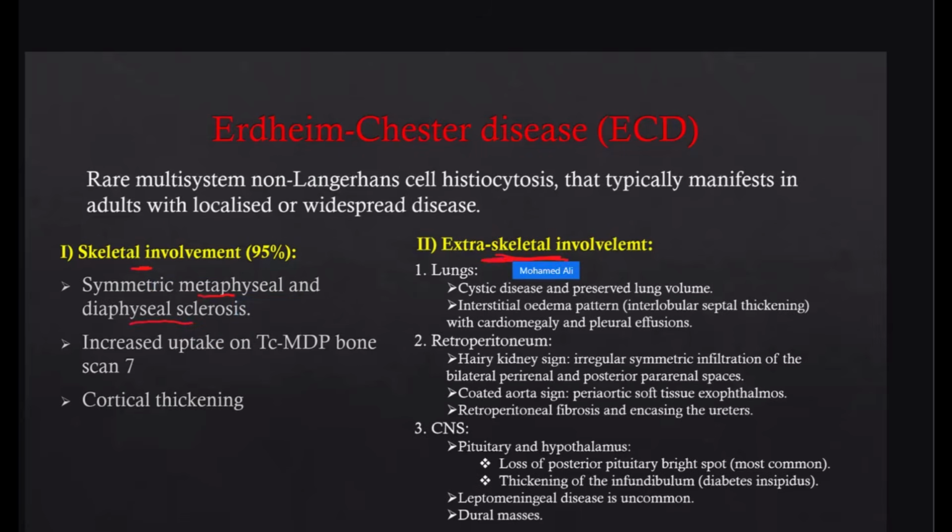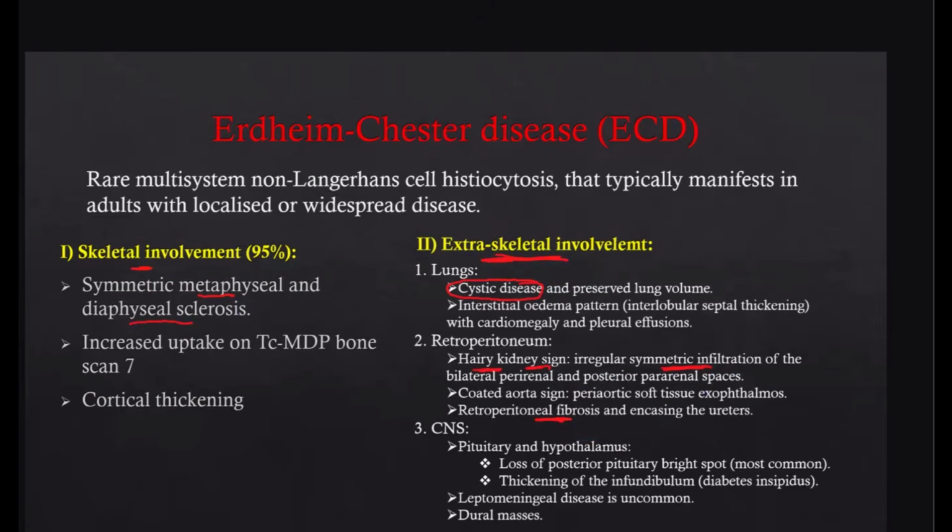Extraskeletal involvement: the most important is cystic lung disease, as we saw in our chest cases. Retroperitoneal hairy kidney sign, irregular symmetric infiltration of the perirenal and posterior pararenal spaces. It can also cause retroperitoneal fibrosis.